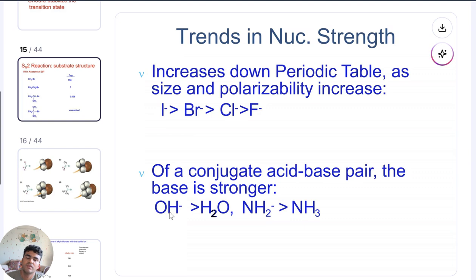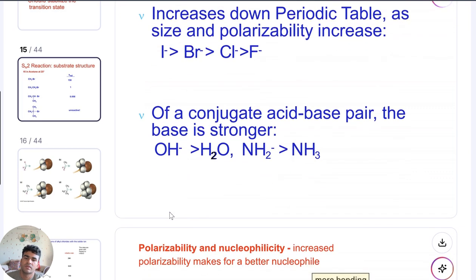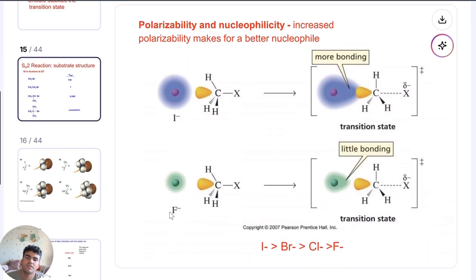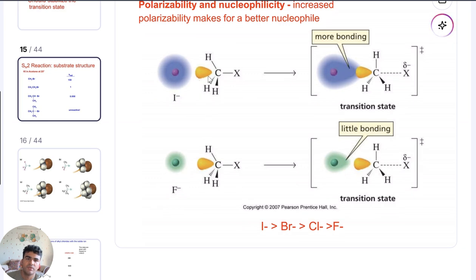So it will easily attack the substrate in an SN2 reaction. Polarizability, if you see that I minus is much more polarizable because it has a higher size. That's why the rate with iodide will be higher than fluoride in an SN2 reaction.